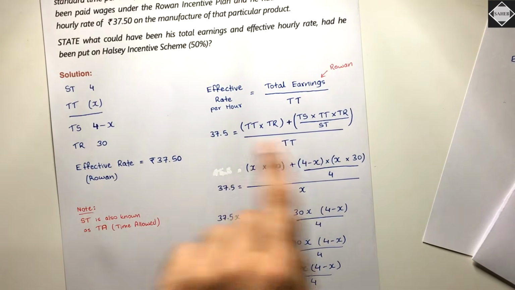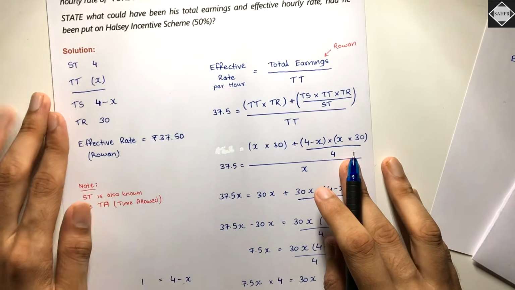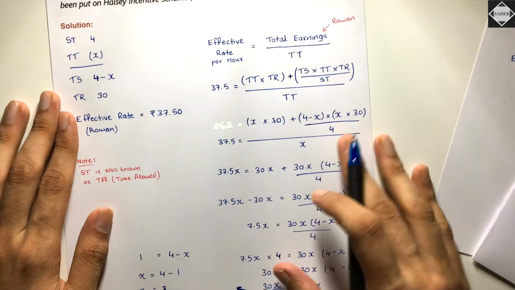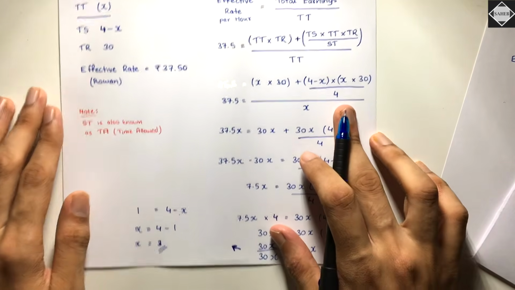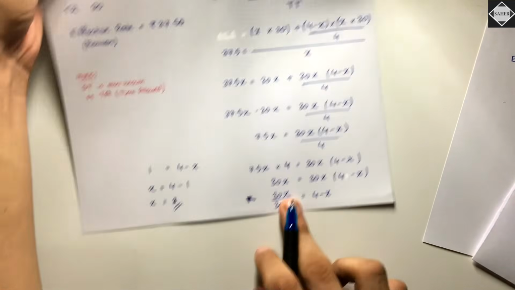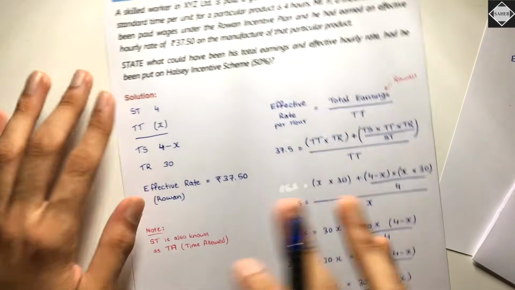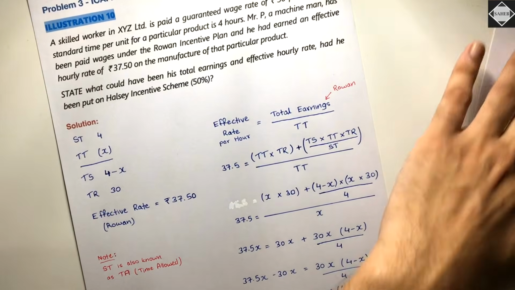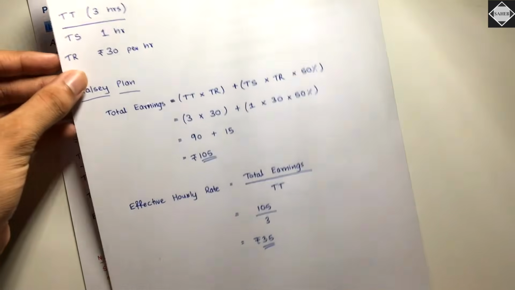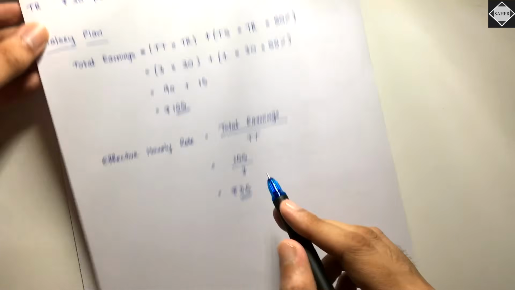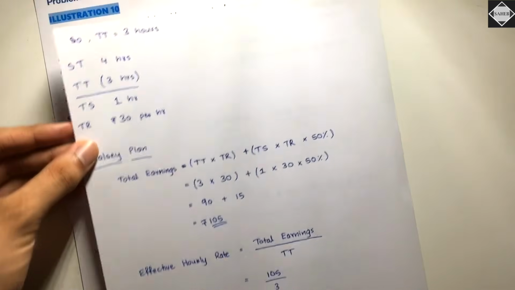We used the Rowan formula and just simplified it. Is it clear? We found the x. After finding the x, we found out the time saved, and then we used the data to calculate the earning through the Halsey plan. And then the effective hourly rate. Really simple and straightforward.